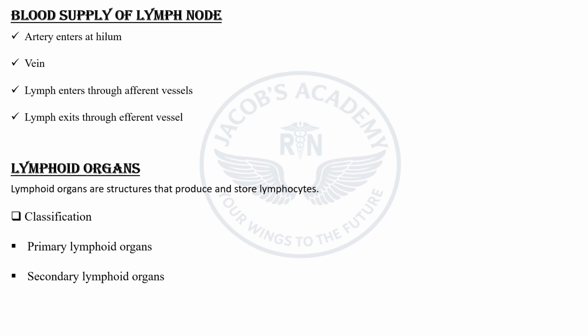First one is primary lymphoid organs, which means where lymphocytes are produced and mature. Examples include bone marrow and thymus. Coming to the secondary lymphoid organs, where lymphocytes become activated, the examples are lymph nodes, spleen, tonsils, etc.